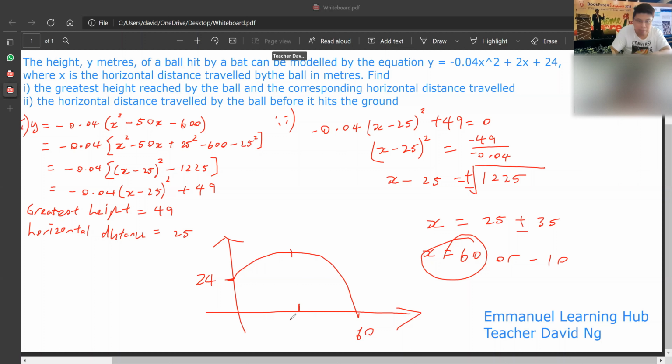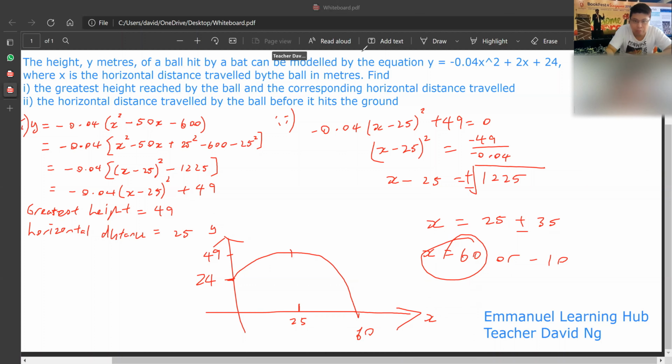Here will be 25. Here is 49. Okay? This is how the graph will look like. Any question? You understand how I get the graph? Yep.